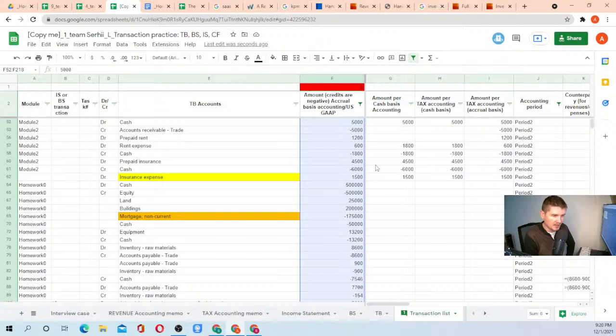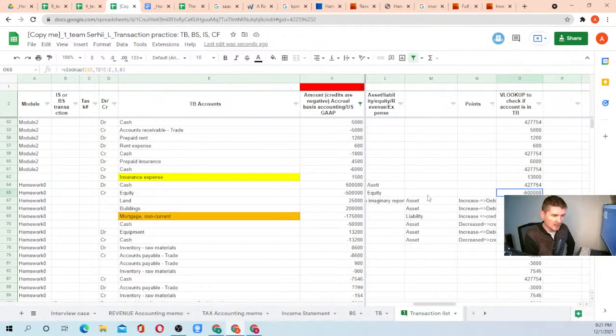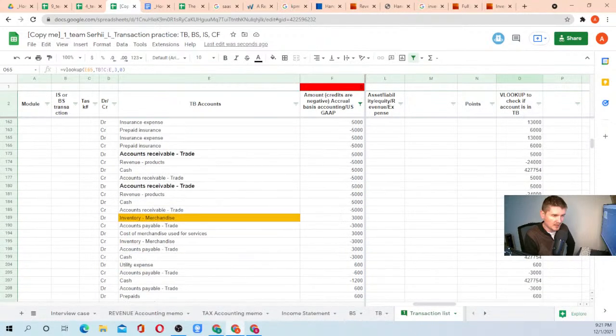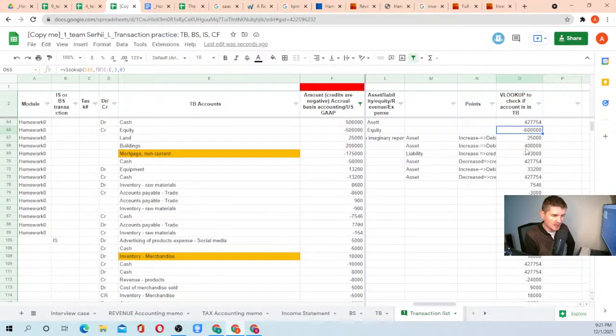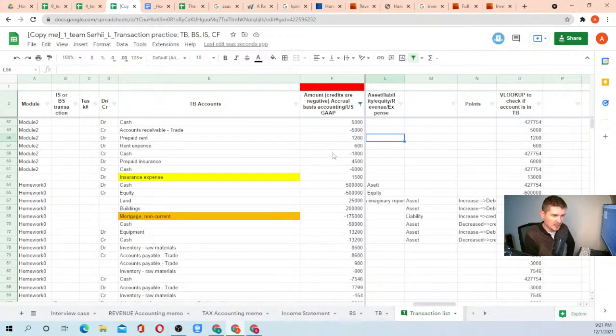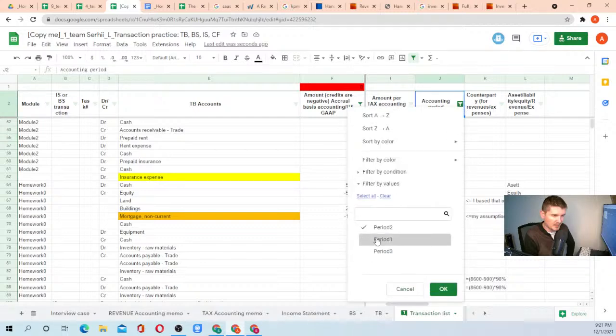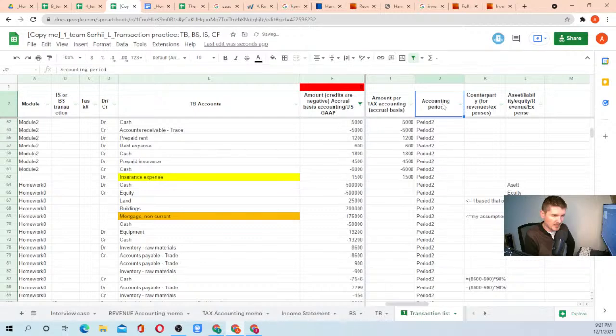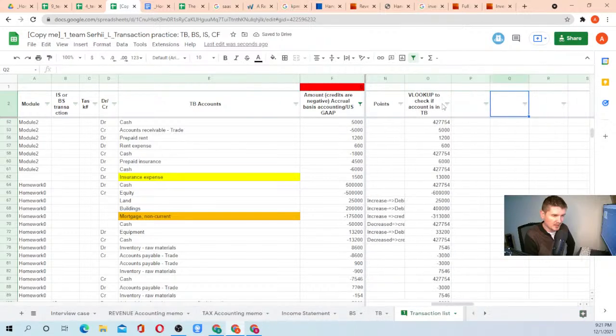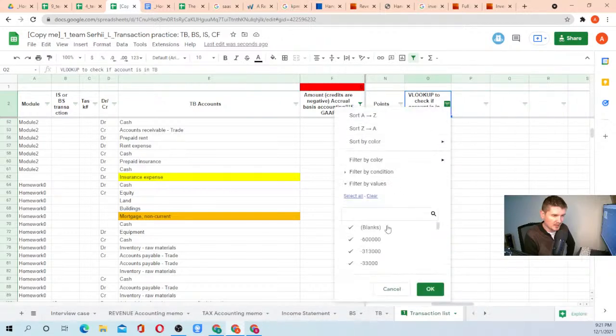So our transactions sum to 0. We probably have some accounts missing. I have some special check for that. Let me run a check for all the periods. So the more complex the situation gets, the harder it is to use a spreadsheet, and you need to be very well disciplined to use spreadsheets.